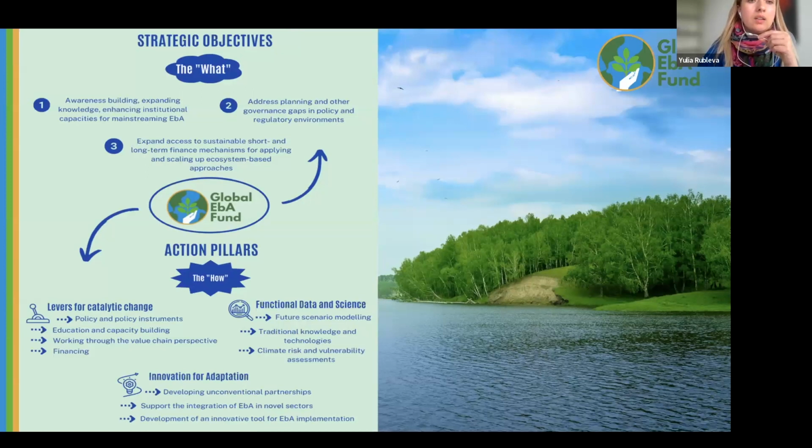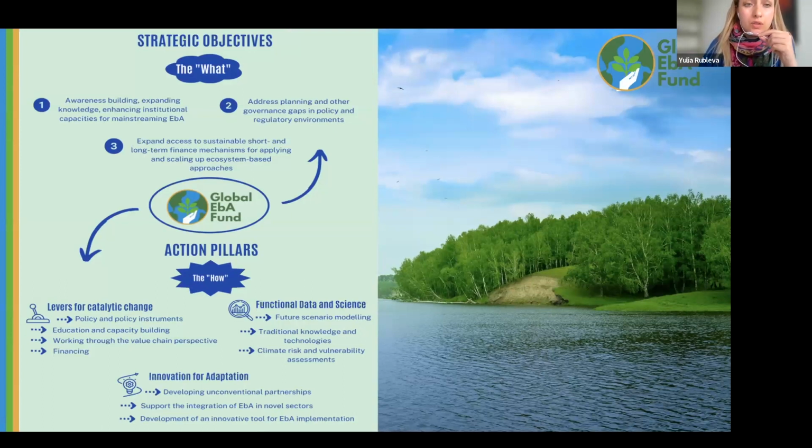You can see both the objectives and the action pillars on the screen here, and I'll go into more detail about each a little bit later. We're asking all applicants submitting proposals to the fund to identify a maximum of 1 strategic objective that their project falls under, as well as a maximum of 2 action pillars that their project contributes to.